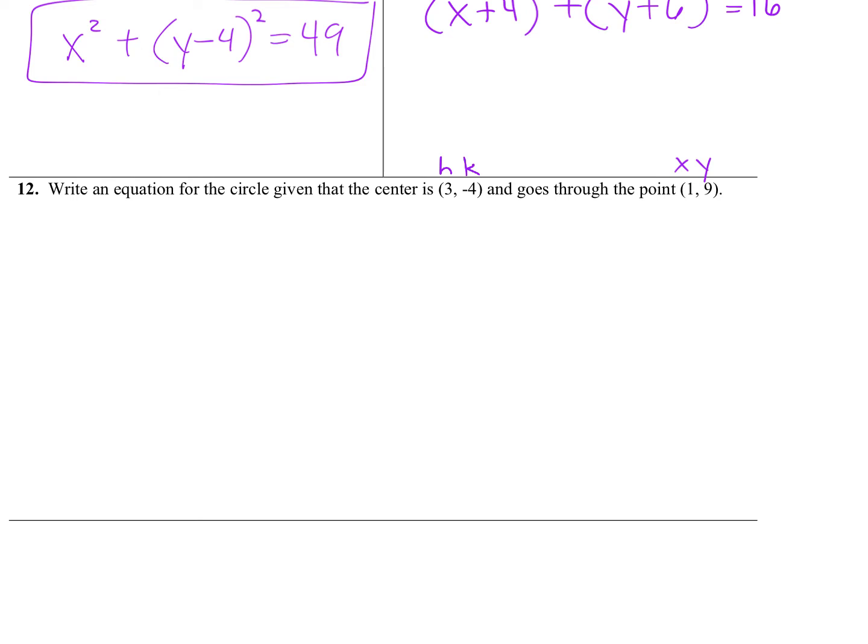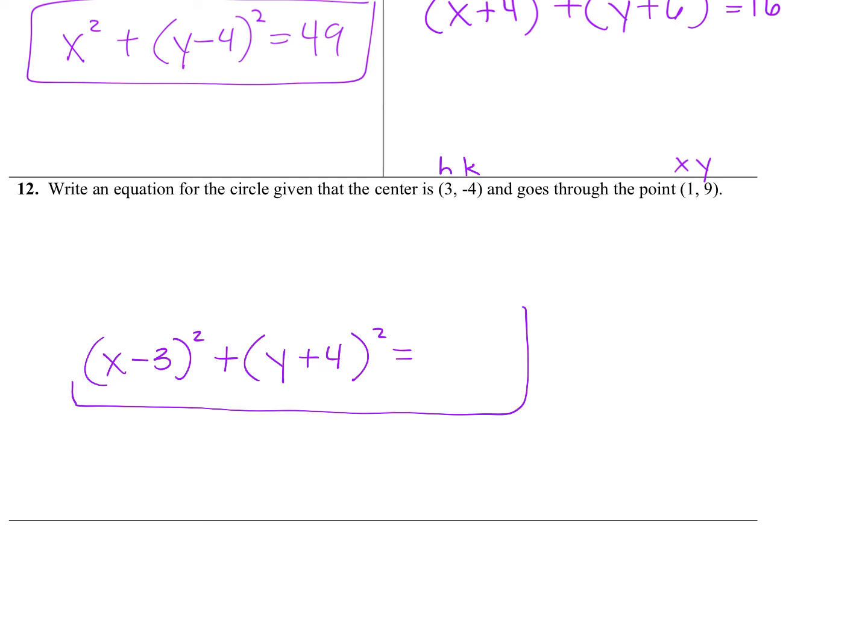We want X and Y as X and Y in our final answer. So here's your final answer. It's going to be X what? Minus 3. X minus the H value squared plus Y minus a negative 4 is going to be Y plus 4 squared equals our R squared, which we have to solve for. So this is your final answer.